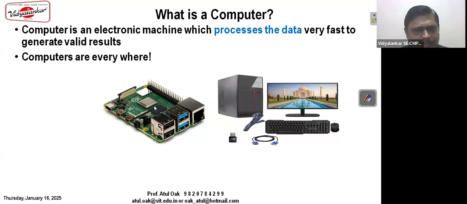This is a small IC and it processes the data. It does a lot of calculations, and it does it at very high speed, much faster compared to humans, and we get accurate results.